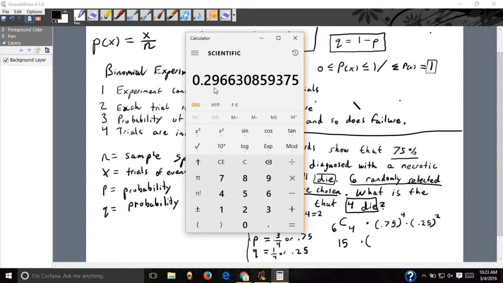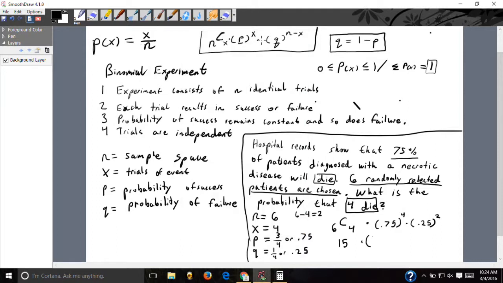Okay, so my probability here is 0.2966. I'm going to just round to 4 decimal places. So 0.2966.